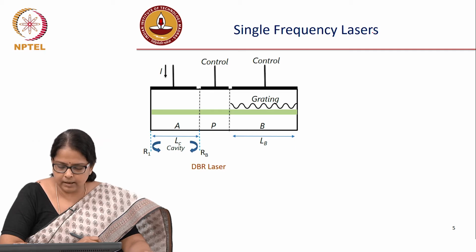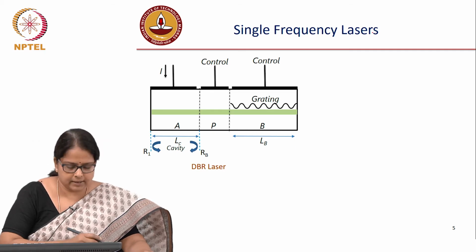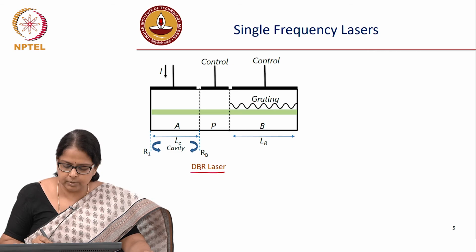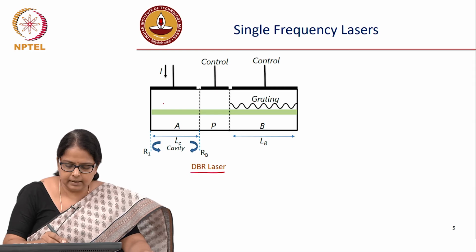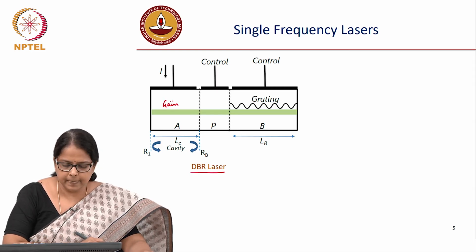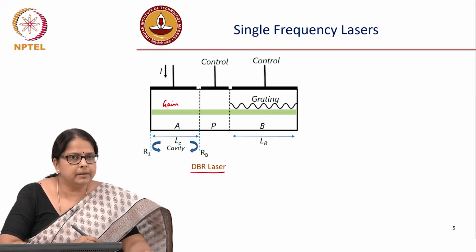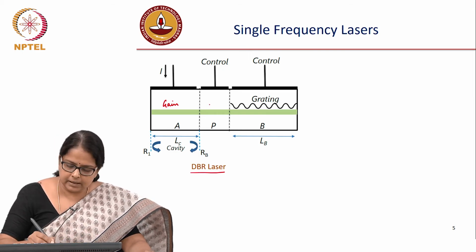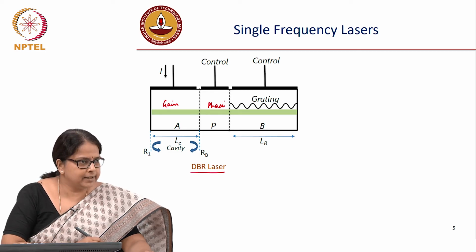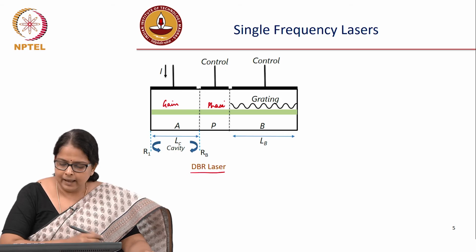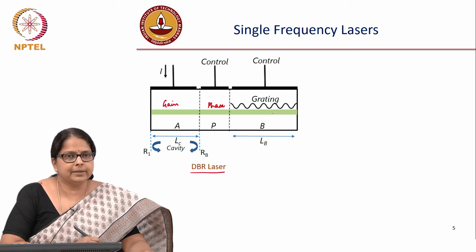This is one class of narrow line lasers called DBR lasers, distributed Bragg reflector lasers. This is a gain section, a semiconductor laser again. You have a current which controls the population inversion and so on. There is a section which controls the phase, because you know that the phase is dependent on the current. And then you have the grating section.